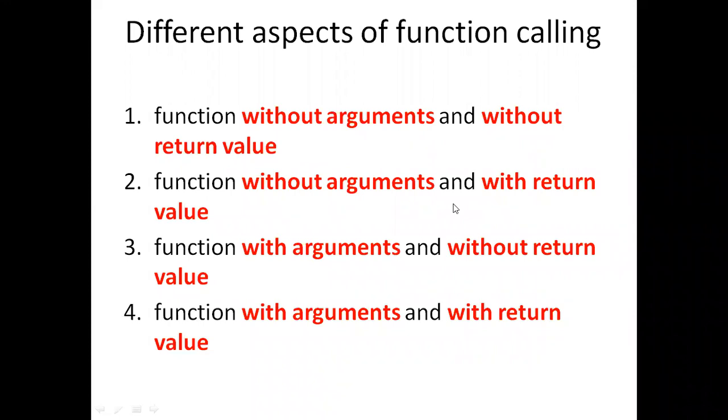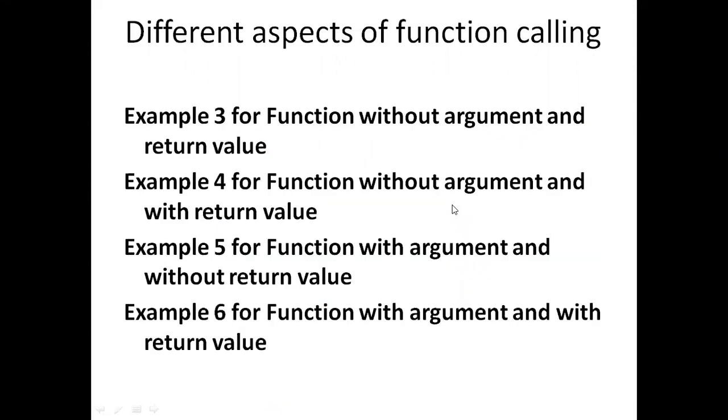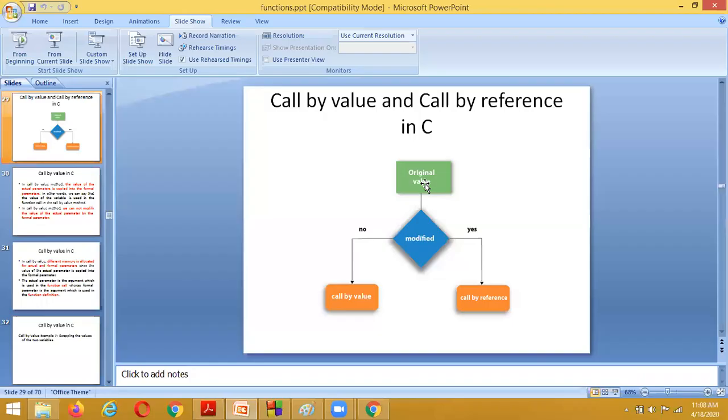And in today's class, the concept we are going to discuss is the most important concept from the exam point of view, and a concept we mandatorily need to learn inside C functions: call by value and call by reference in C language.